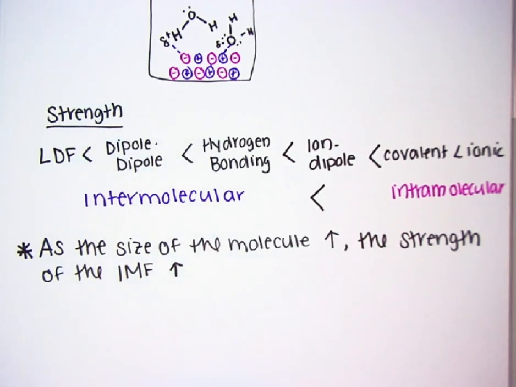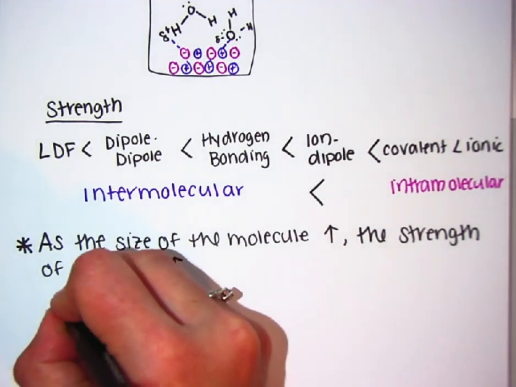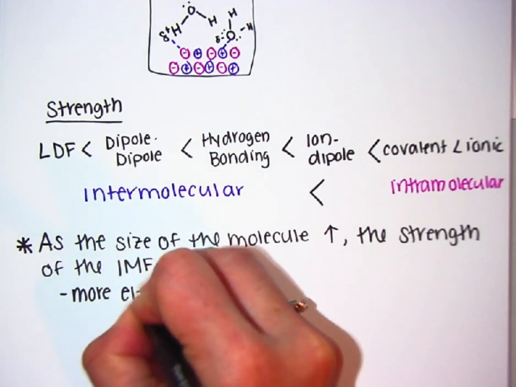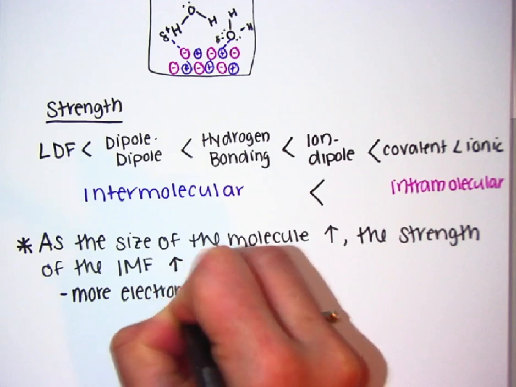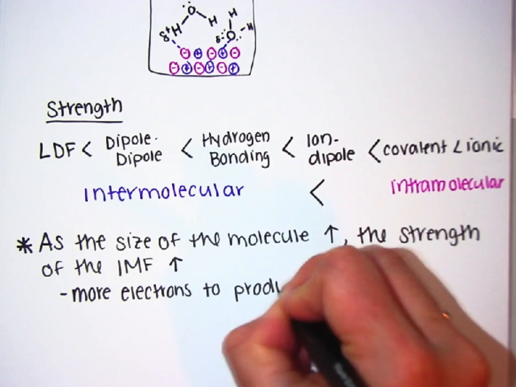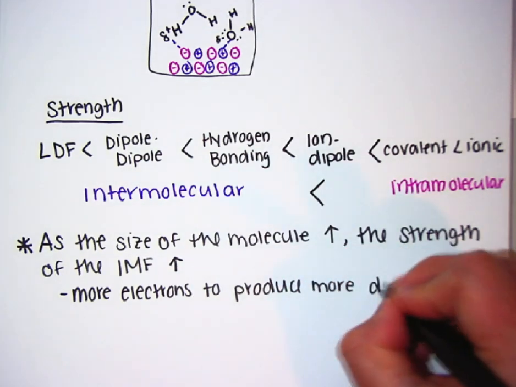Direct relationship. As your molecules get bigger, the intermolecular force gets stronger. Why? There's more electrons. More electrons to produce more dipoles.